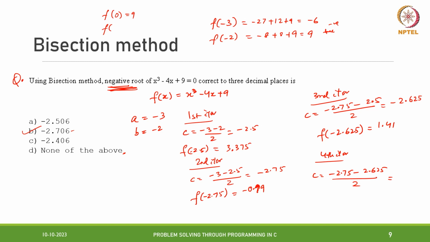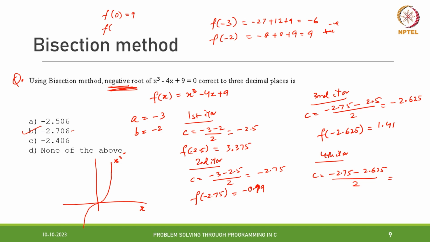The other method is kind of visualizing the function. So let's say I have x cube here, right? So it would be a very sharp function like this, x cube. Now minus of 4x would be something passing through the center, right?